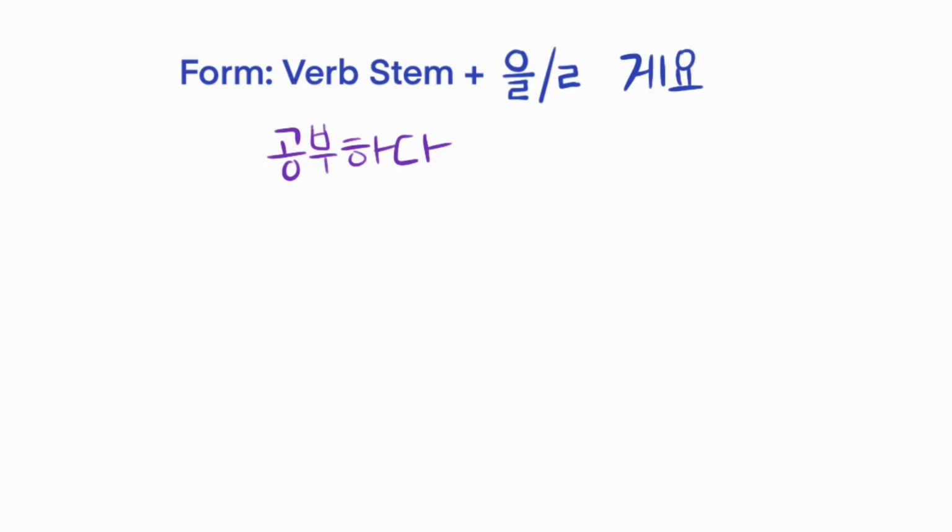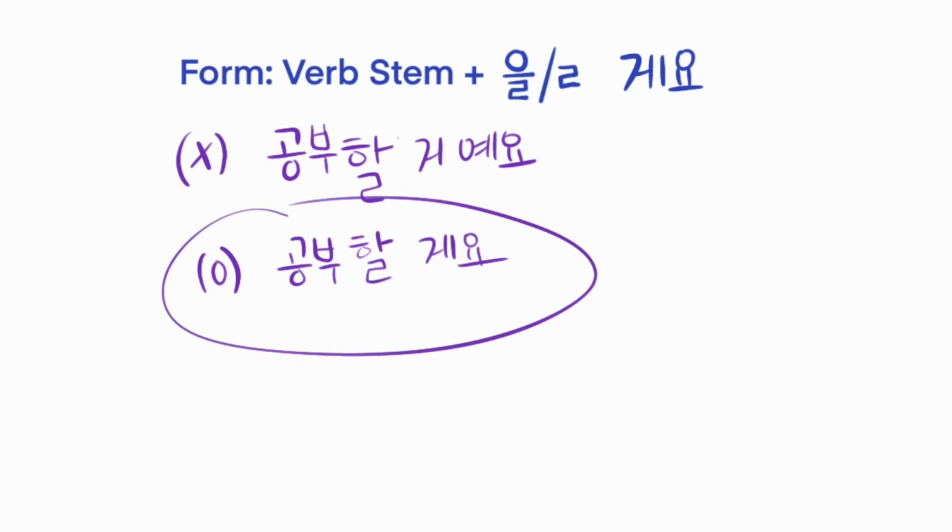So let's do some examples. Let's use 공부하다 again as an example for the form. Same thing, you drop the 다, and you have 공부하, add ㄹ at the end, you have 공부할. In this version, you're not going to say 거요, you're going to say 게요. So you're going to have 공부할게요. So in this situation, let's say that your friend just reminded you about a test that's tomorrow for Korean.